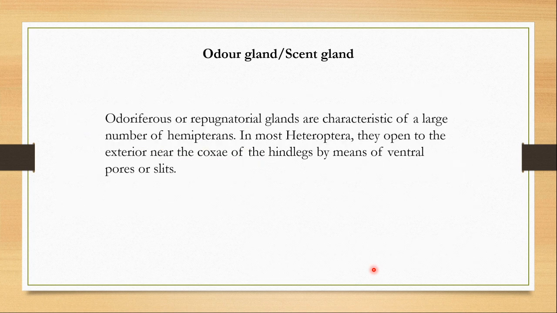Another characteristic feature of Order Hemiptera is their odor gland or scent gland, colloquially known as the stink gland too. There are some odoriferous or repugnatorial glands which are characteristic of a large number of Hemiptera. In most Heteroptera, they open to the exterior near the coxae of the hind legs by means of ventral pores or slits.